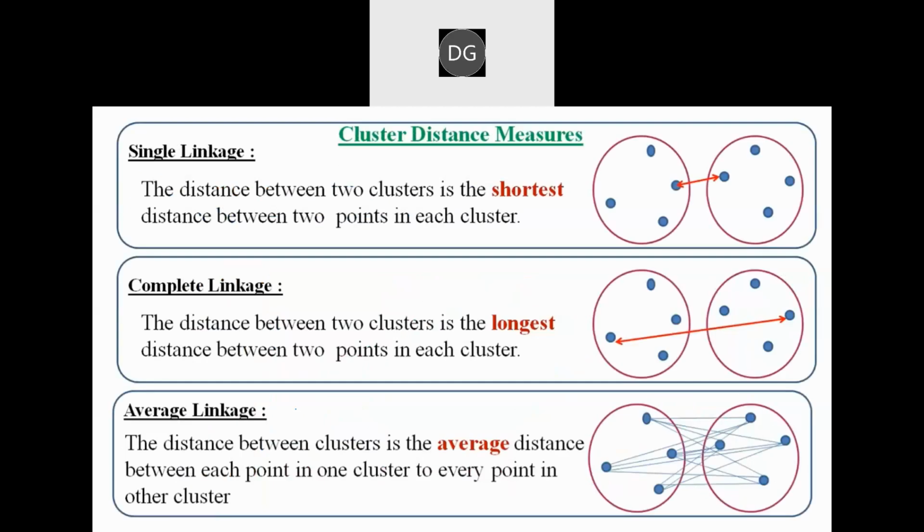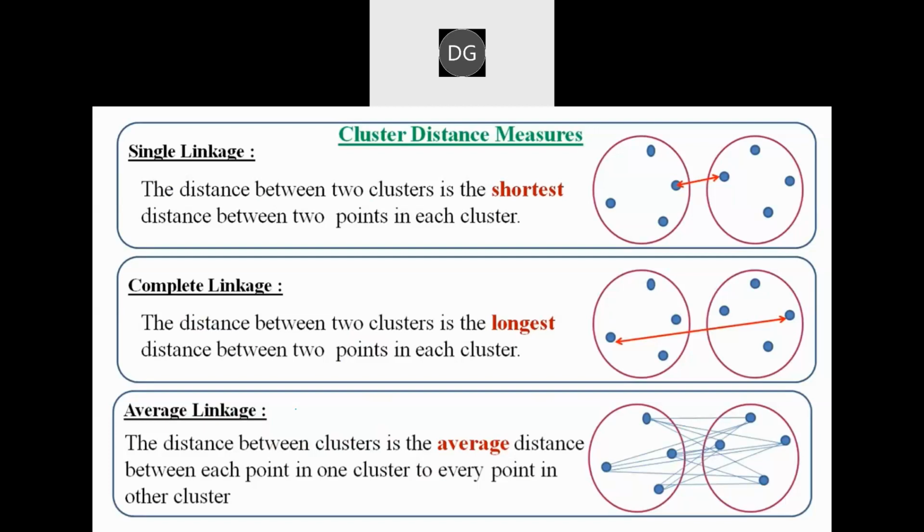How do we calculate the distance here? In k-means and k-medoids, we found the distance based on Manhattan distance or Euclidean distance. Here we use cluster distance measures, and we have three different types. One is single linkage.